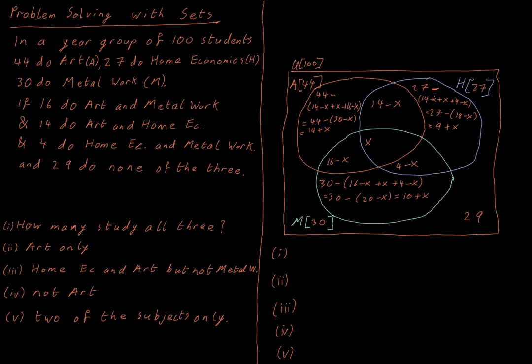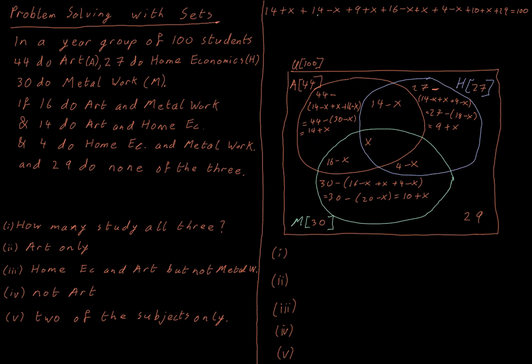So what I need to do is add up 14 plus x, 14 minus x, 9 plus x, x, so on, all of the different parts of my Venn diagram, adding all of them up together must give me 100 students. So I add them all up.